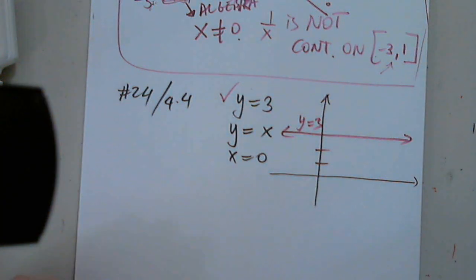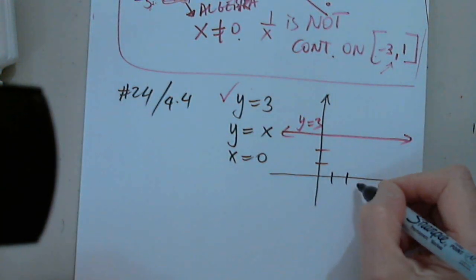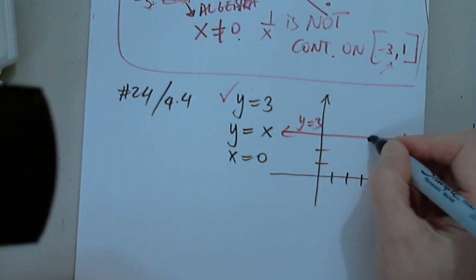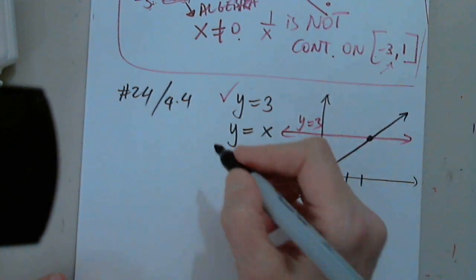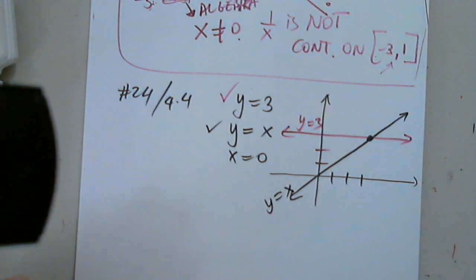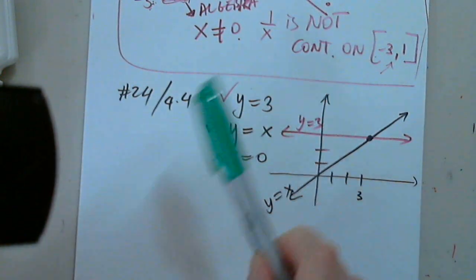This is it. Y equals x. So they have to meet at 3, 3. Y equals x, because when x is 3, y is 3. And x equals 0 is this line.